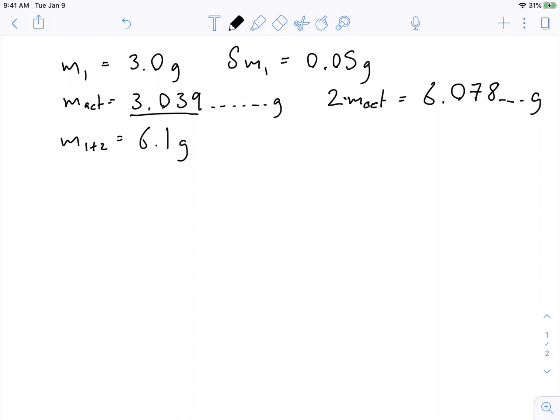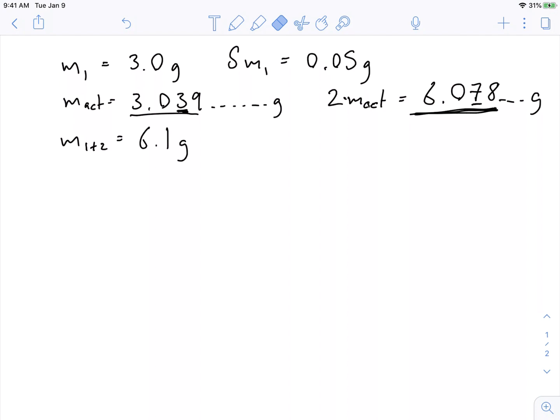So 6.1, you'll notice, is not 3.0 times 2. By putting 2 of them together, my decimal place can now start to realize that this decimal place is not 0. So I start to get extra information about my masses by putting more of them on together.